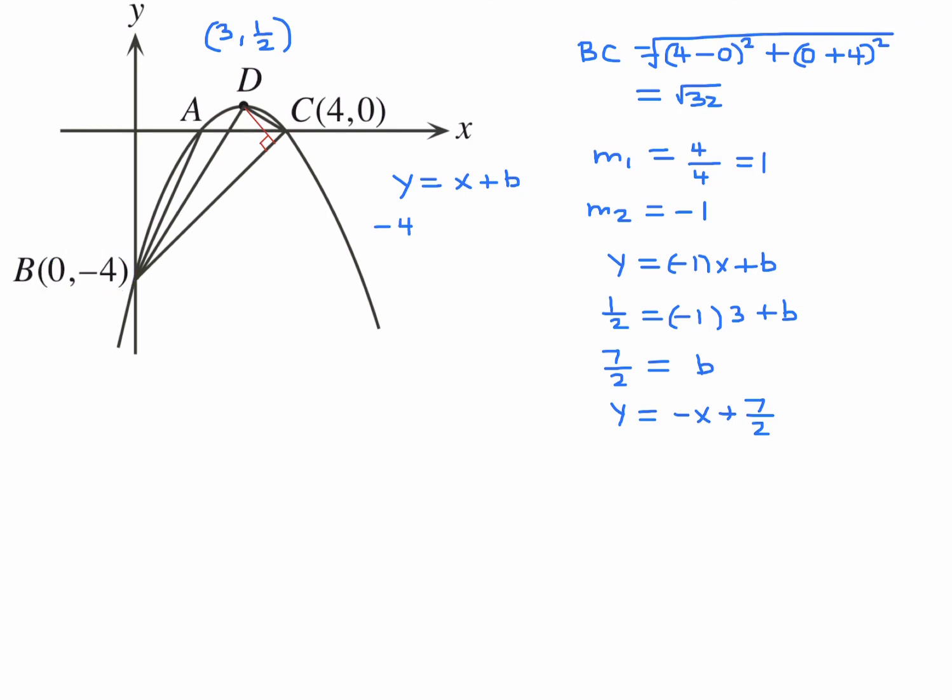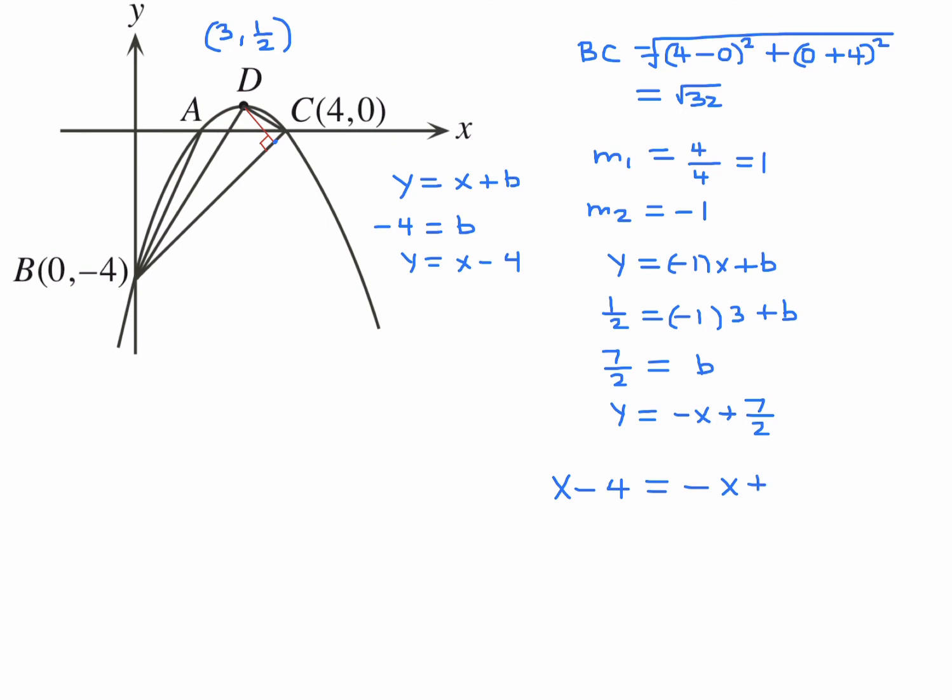Because this line has that point. So that means b is negative 4. So that equation is y equals x minus 4. This equation is of this line, and this equation is of this line right here. And the intersection point will be right here, that point right there. Set these equal to each other, and we'll get the intersection point.